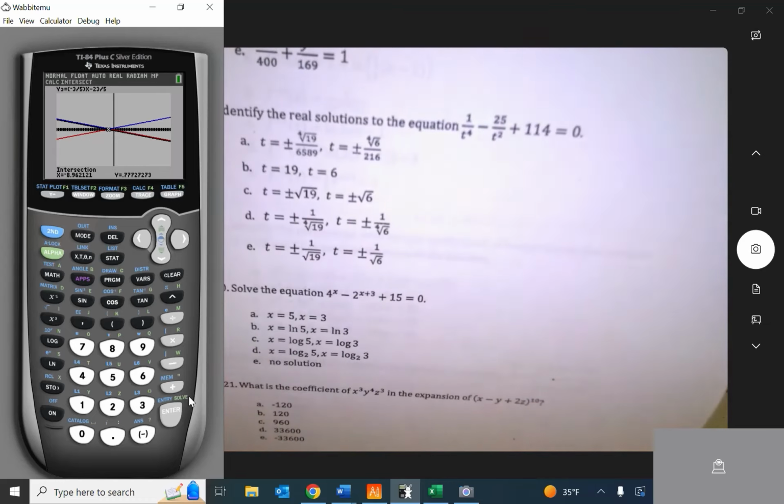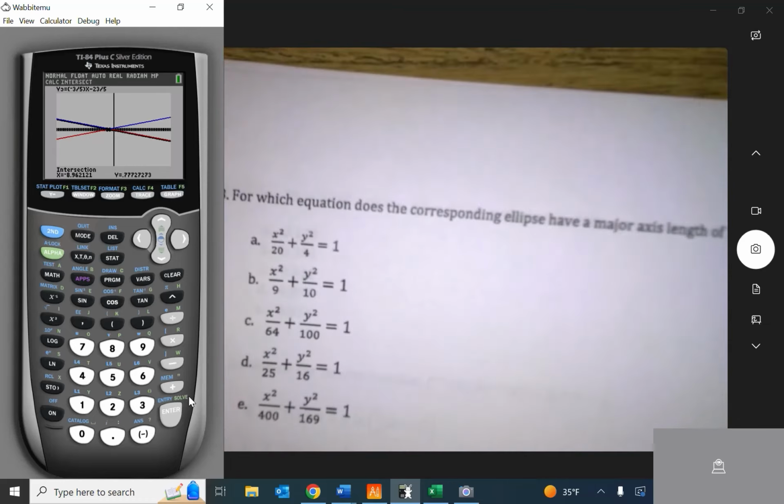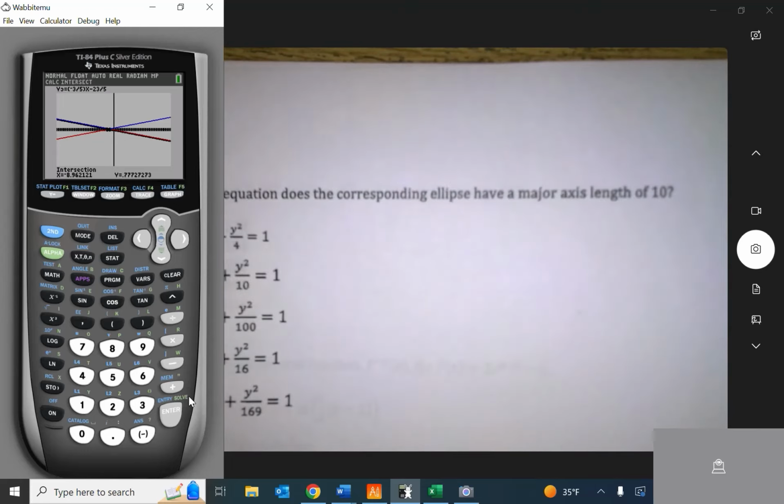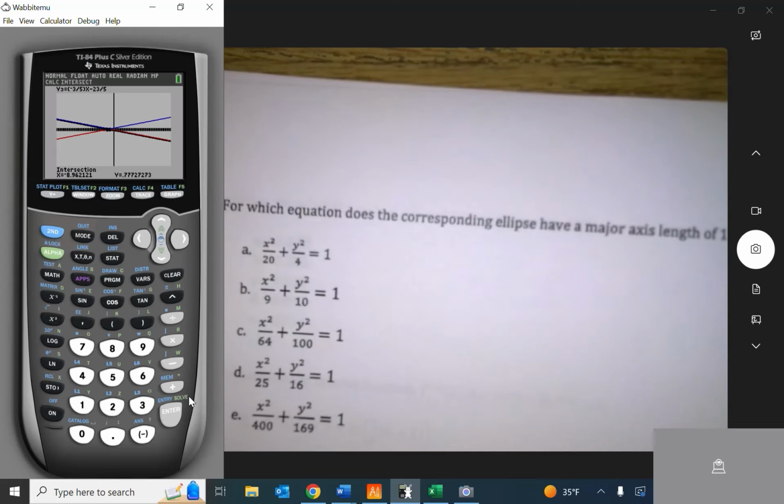Alright, for which equation does the corresponding ellipse have a major x-axis length of 10? Ugh, seriously, more stuff that we haven't done. That stinks. I guess the best thing to do would be to graph them, wouldn't it?